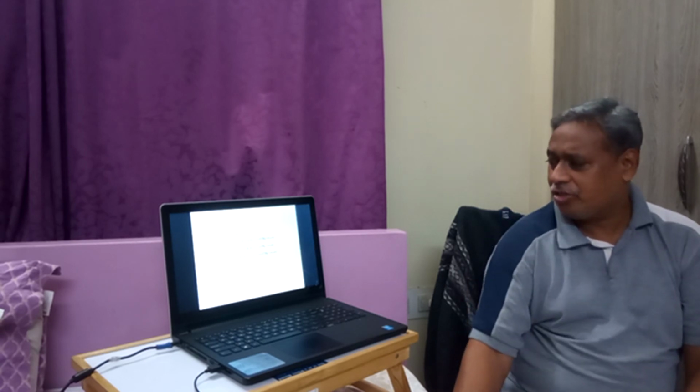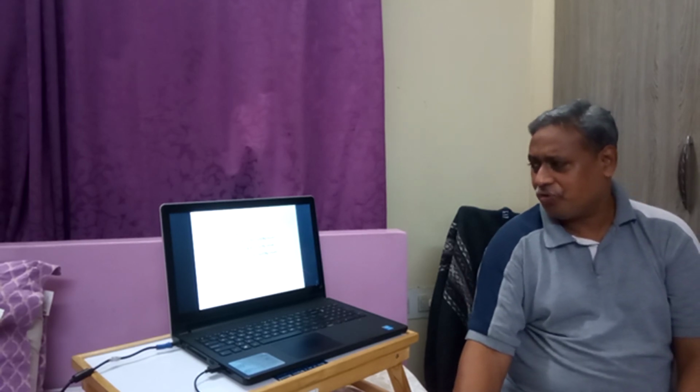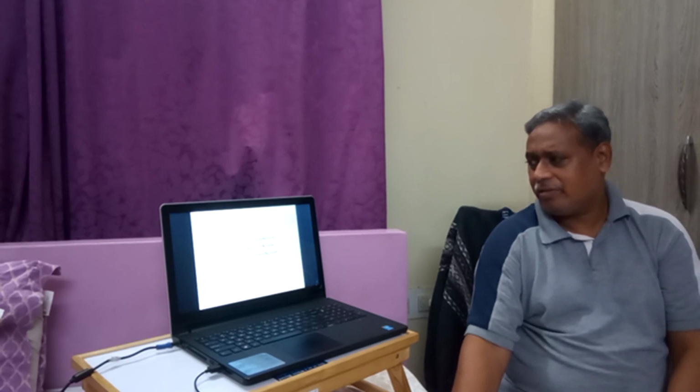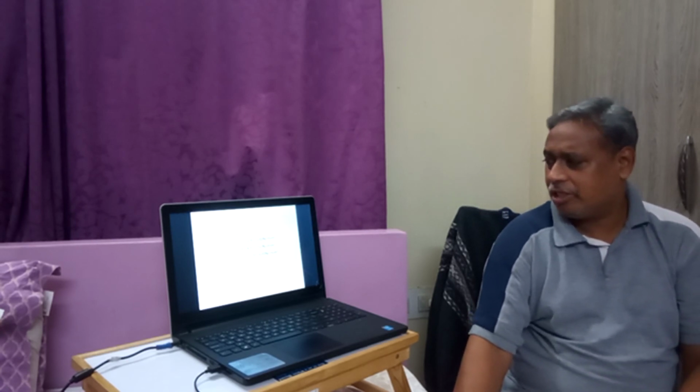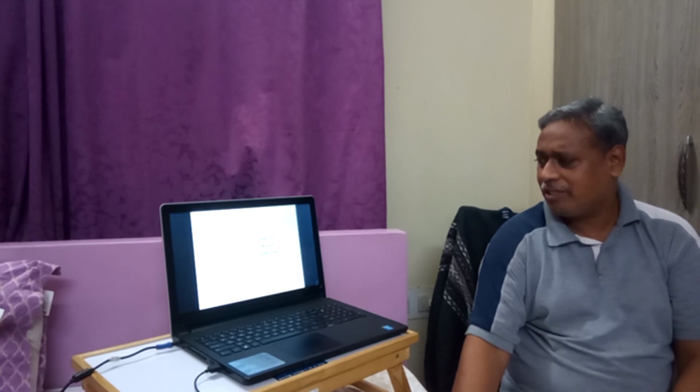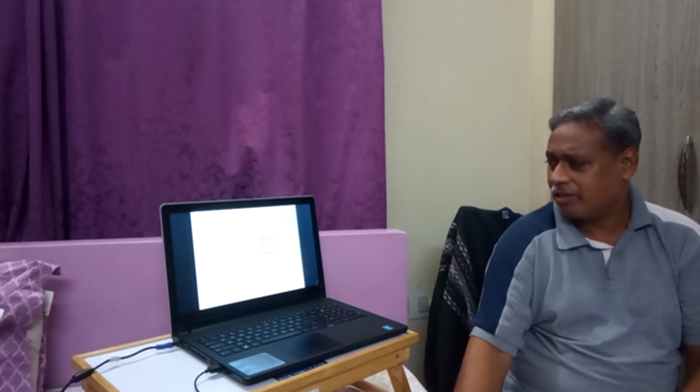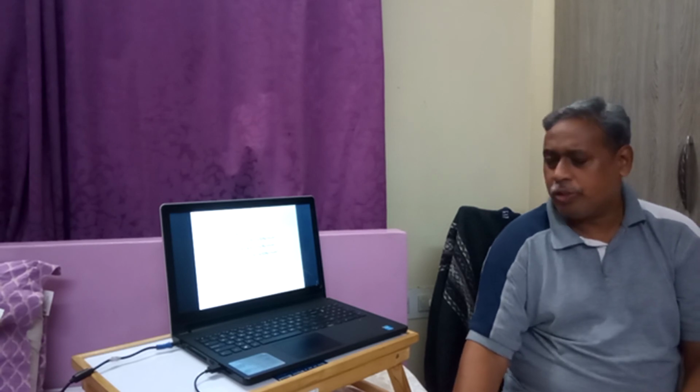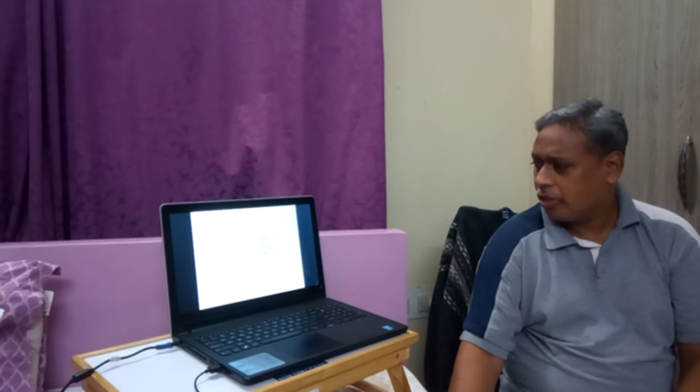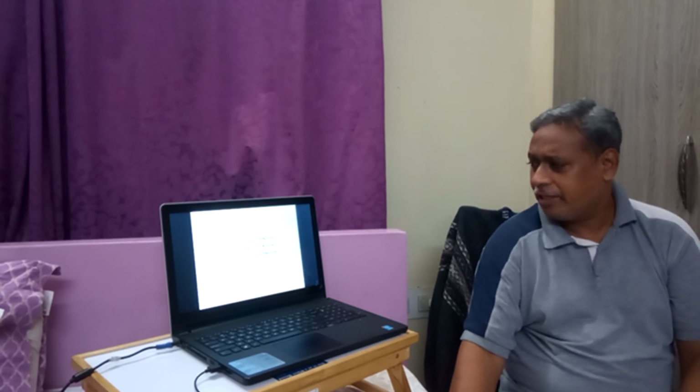Similarly, here we should get the same ratio. If it is 300 here, it should be 750 Newton by it is 375, 3.75 into 10 to the power of minus 3.